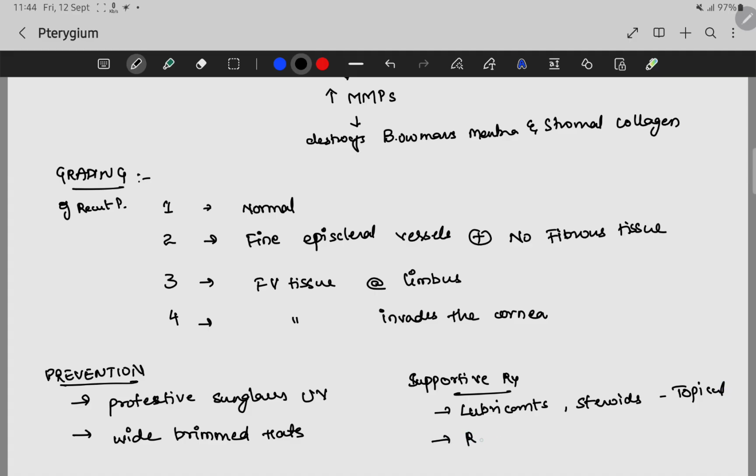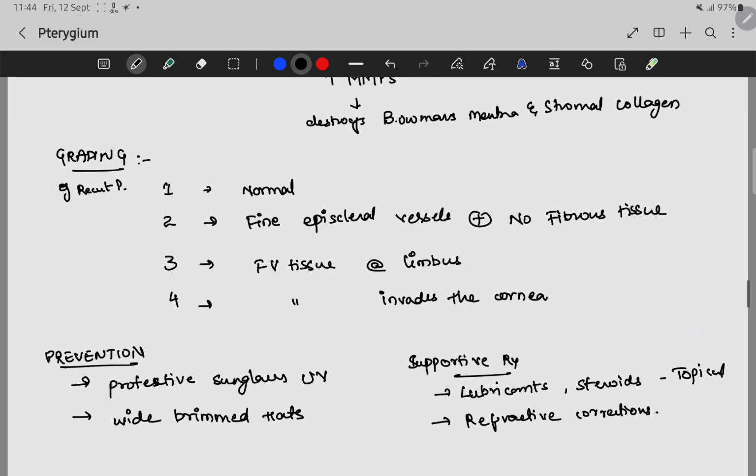We give refractive correction because there is astigmatism, and in higher grades we need to go for surgery, which we'll discuss in the next class.